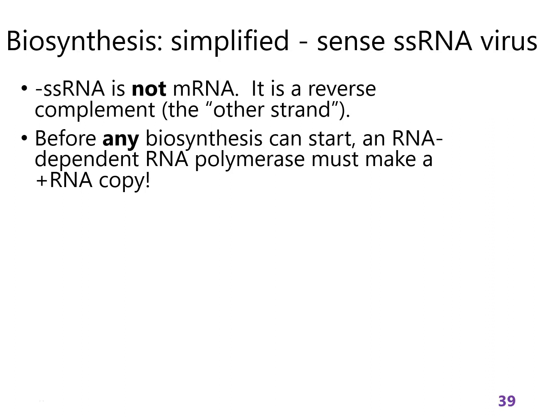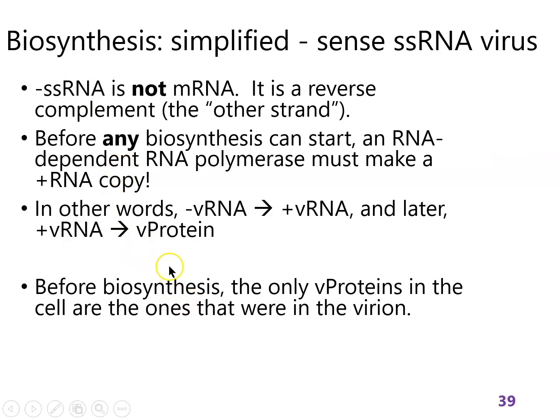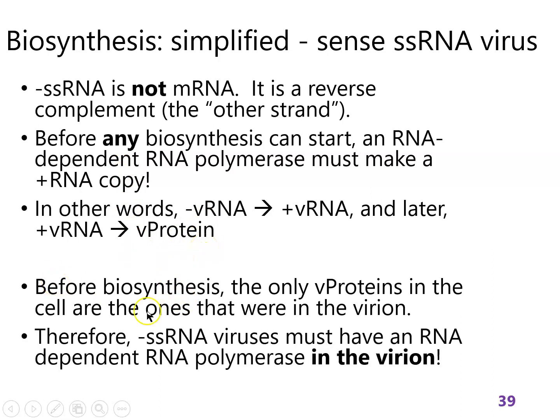As soon as uncoating happens, it needs to already have an RNA-dependent RNA polymerase, because it can't rely on something it encodes to be made by the host cell. The host cell can't do anything with this. So it has to bring its own RNA polymerase in its virion. So negative-sense RNA viruses have to have an RNA-dependent RNA polymerase in the virion.